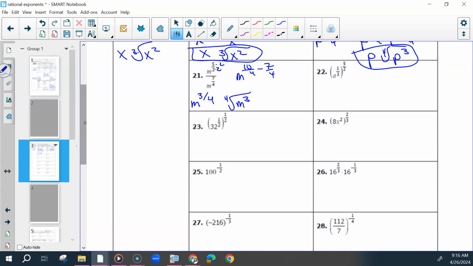In 22, we are raising a power to another power. What are we doing with those exponents? Multiplying. So what would that new fraction be?